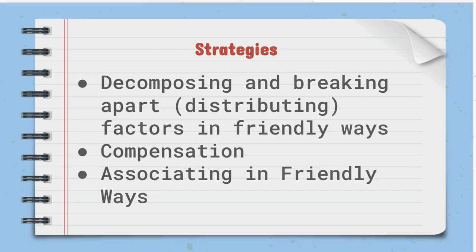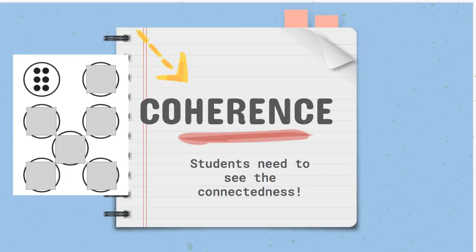Compensation, right? We took some of those dots away to make the problem easier, and we added them back in. And we used the associative property, where we're just associating in friendly ways, all right? So those were some strategies that we were using as we looked at those visuals. Those are strategies we use in single-digit multiplication, all right?